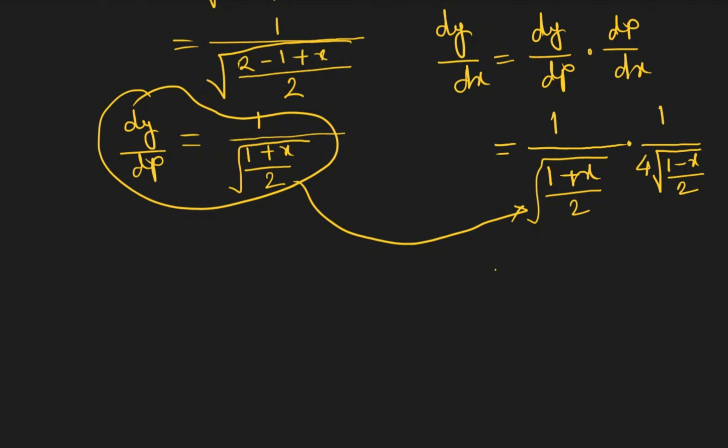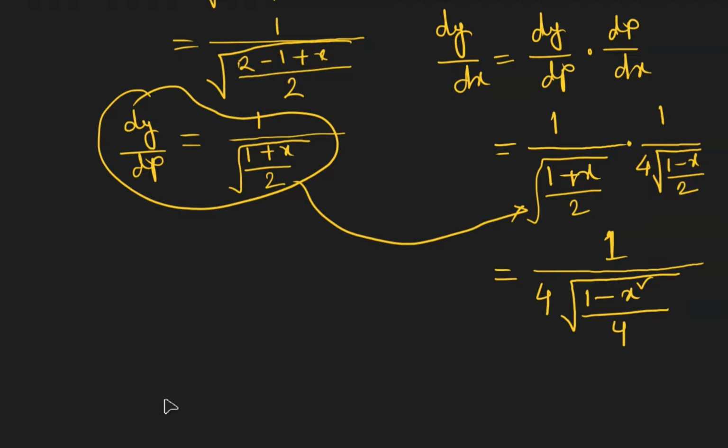So let's plug in the values here. It will be 4 of course, and here square root, then 1 minus x square, because (a plus b)(a minus b) is a square minus b square, and it will be 4 and it will be 1, right?